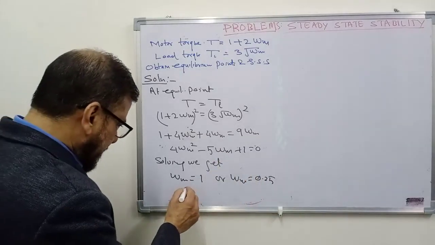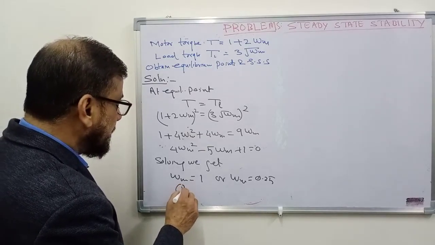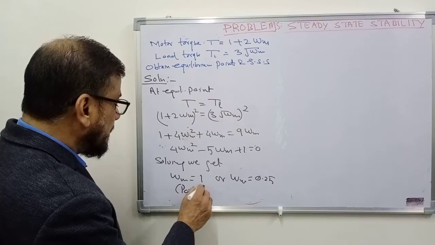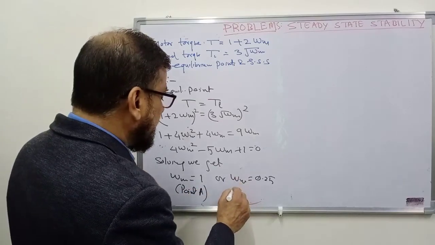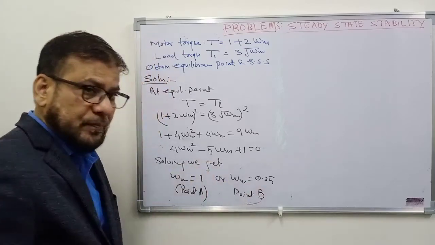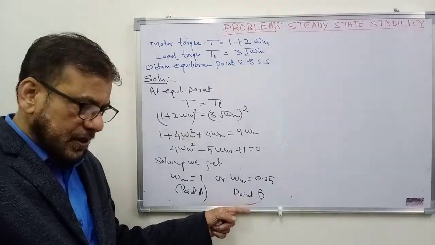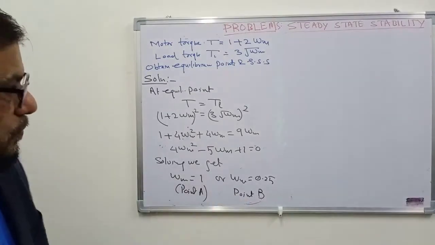So this point let me call equilibrium point A, and this point we may call as point B. So let us see whether these 2 points are stable points or unstable points.